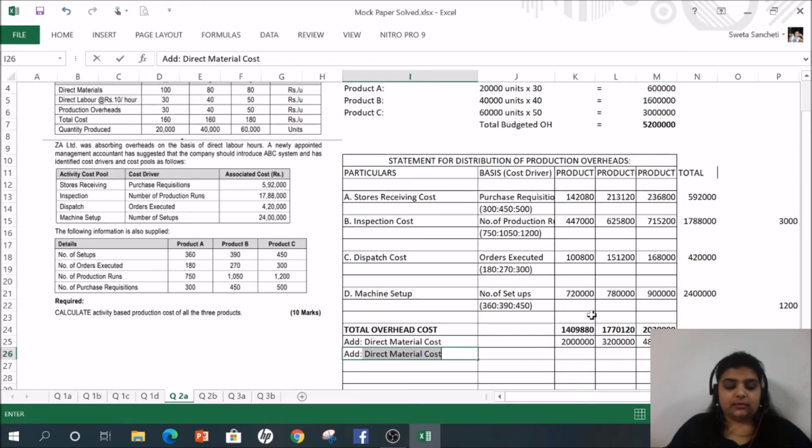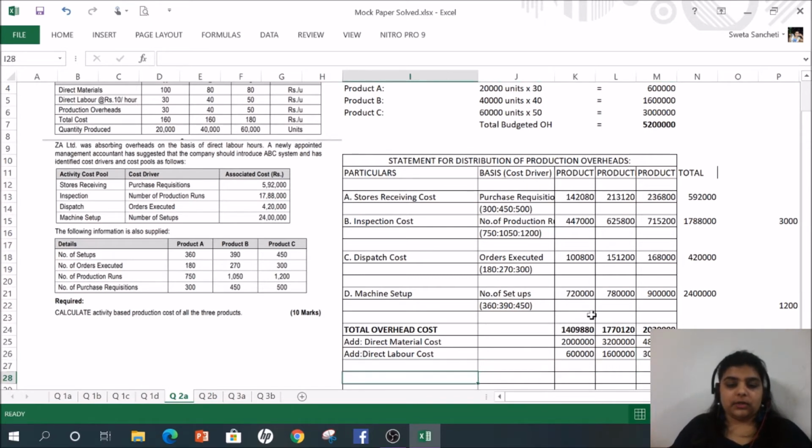Similarly, add direct labor cost. So I am going to copy the same thing and just change the amount to direct labor cost per unit, which is 30. Here it is 40 and here it is 50.